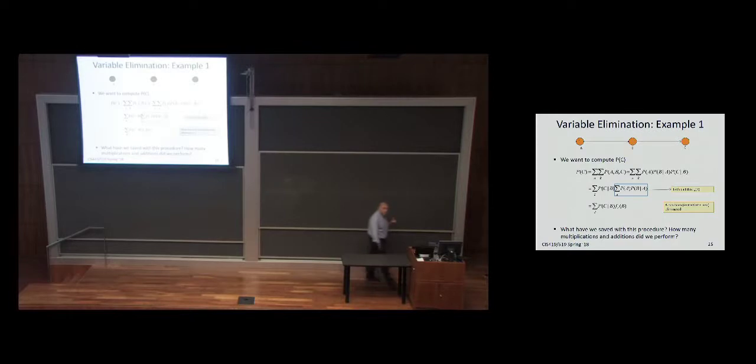Yes? In the formula with P of A, B, C, that multiplication of three things, should it be probability of C given B and A? No, because, good question, why not? Given B, we don't care about A. Given B, C is independent of A. Okay?